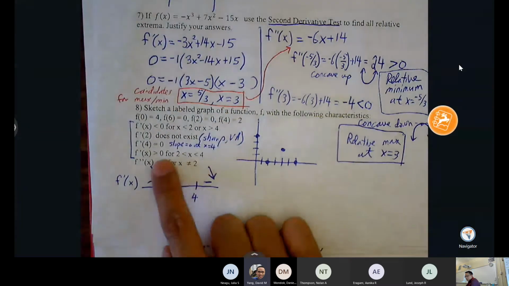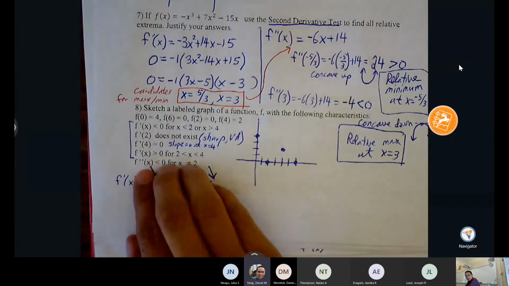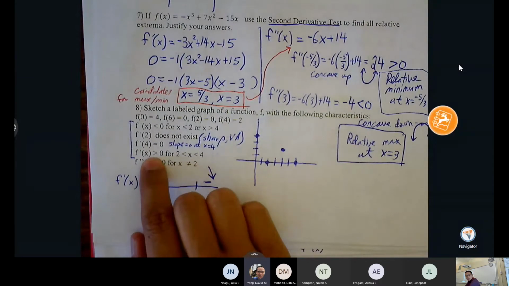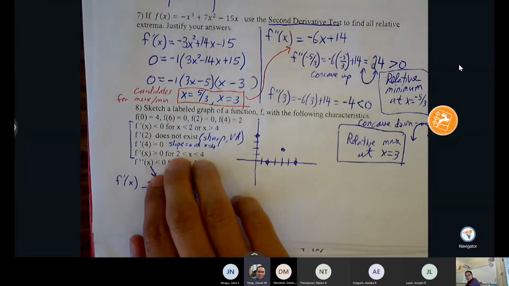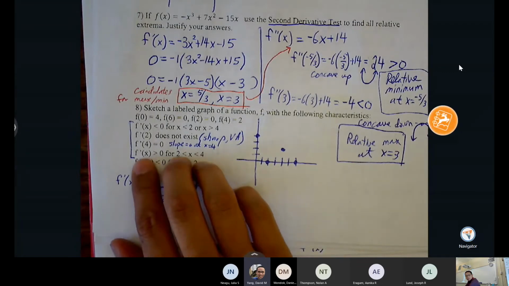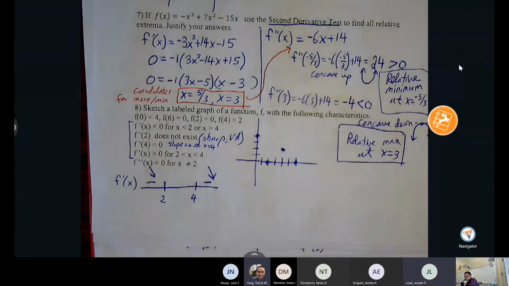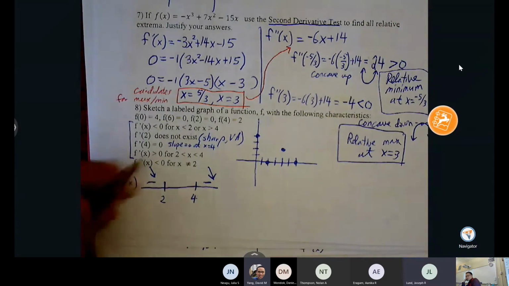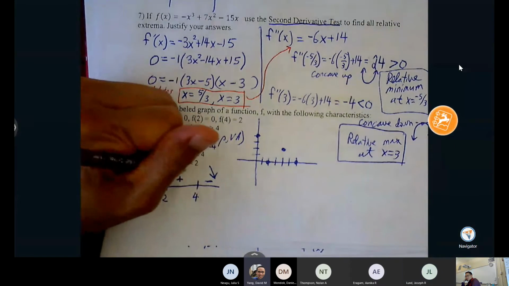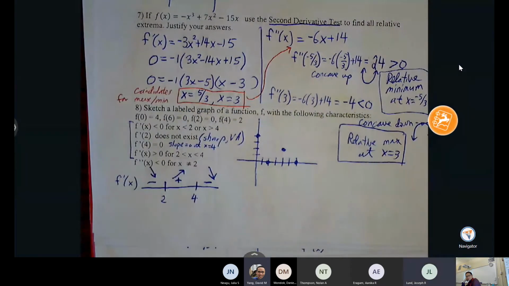And then what about this next to last statement here? F prime of x is greater than 0, where 2 is less than x is less than 4. So between 2 and 4, the slope is positive? Yeah. Good.